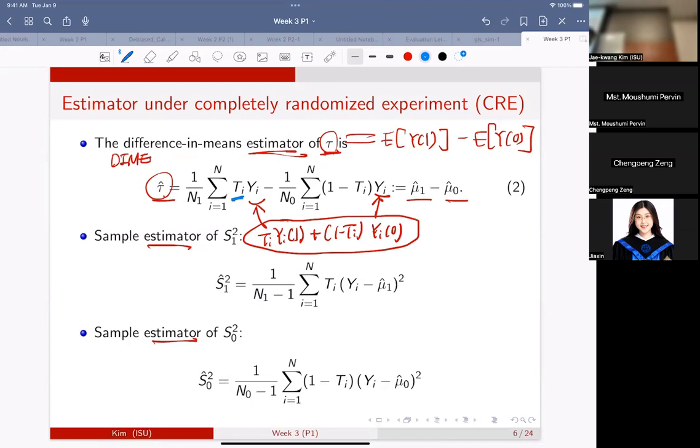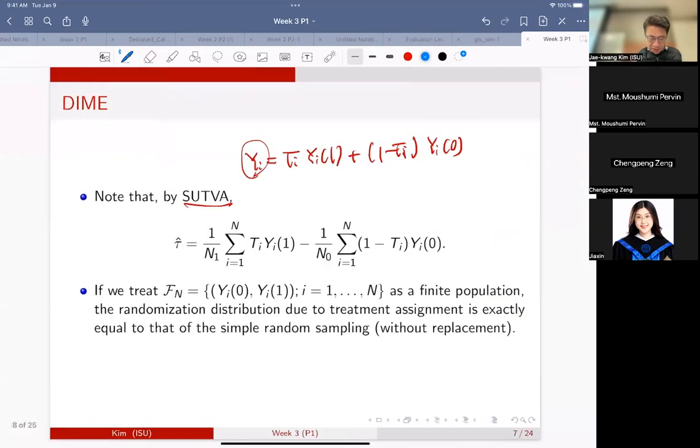So basically, you have another expression for tau hat using potential outcomes. You do not directly observe both potential outcomes, but you observe one realization among the two, right? So if t equals 1, you observe y1; t equals 0, you observe y0. So that means you can write it this way too.